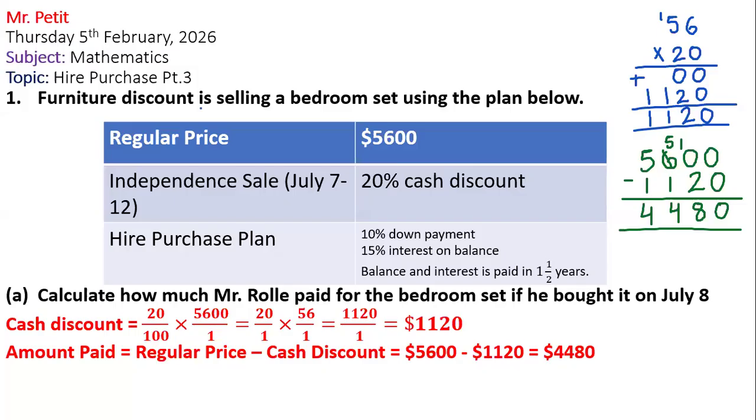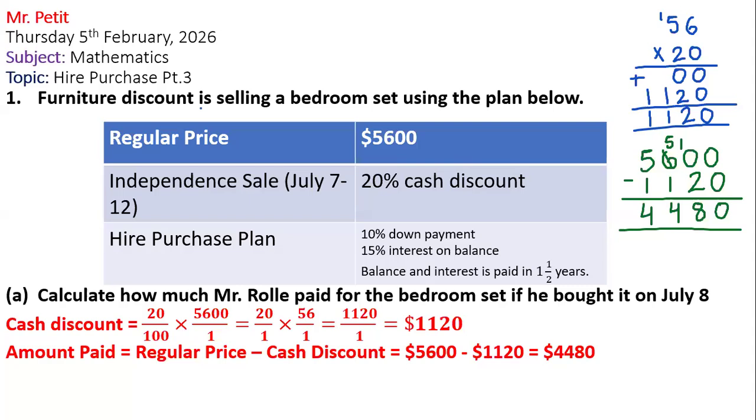Wait, it's supposed to be 20% of 5,600. So of means multiply. You put the 20 over 100, and then you put the 5,600 over 1. Then you cancel out all the zeros. And then you will end up with 20 over 1 times 56 over 1. 20 times 56 equals 1,120.